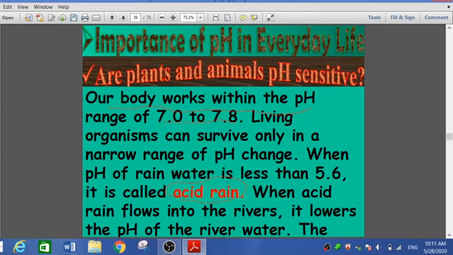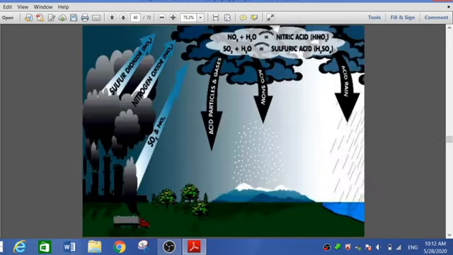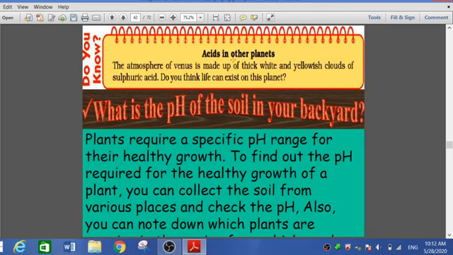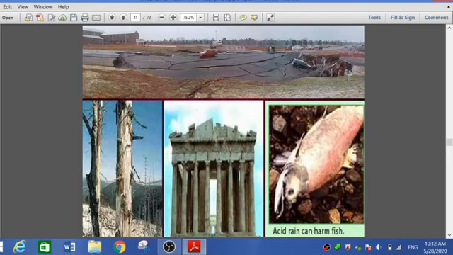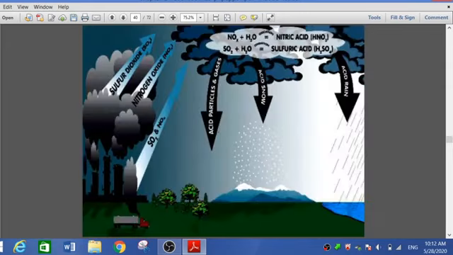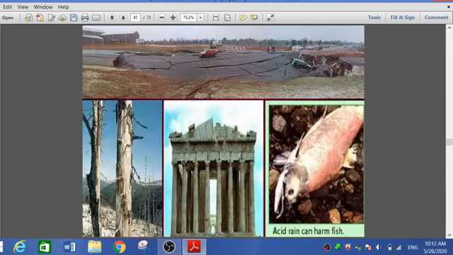Acid rain, when it is less than 5.6, falls into the river and lowers the pH of the water. Usually it will affect the pH. Nitric acid and sulfuric acid cause acid rain.